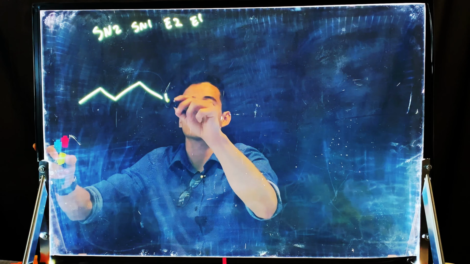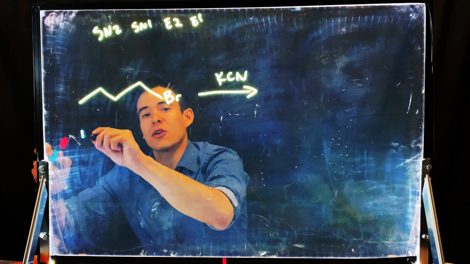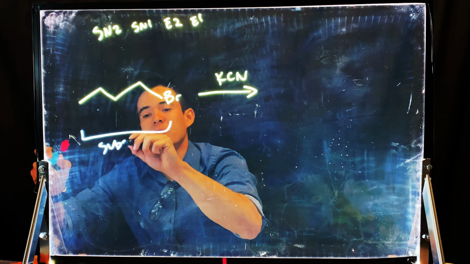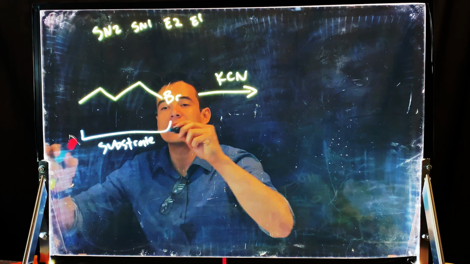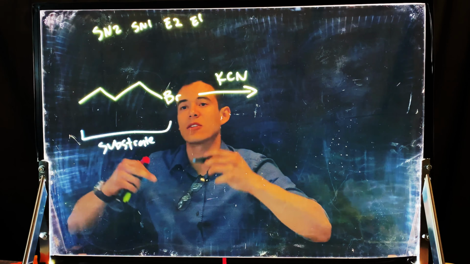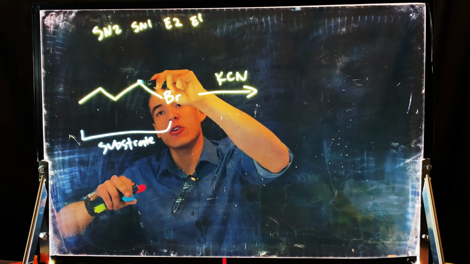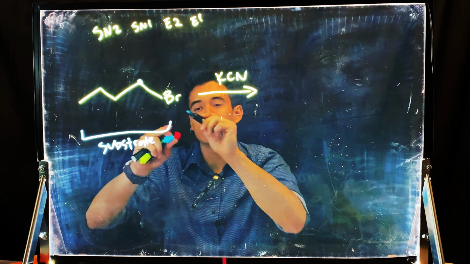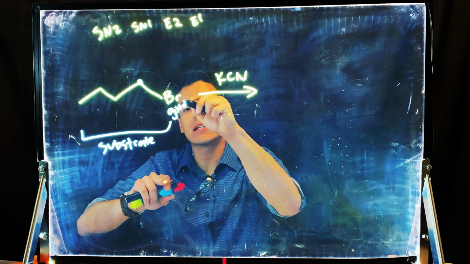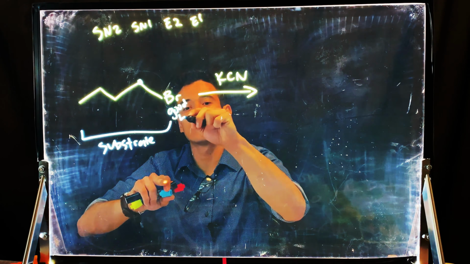Well, the first thing we have to look at is our substrate. So this is our substrate and we need to consider whether it's going to be primary, secondary, or tertiary. Now when we say that, we're talking about the carbon that is attached to our leaving group. Okay, so we need a good leaving group to start.